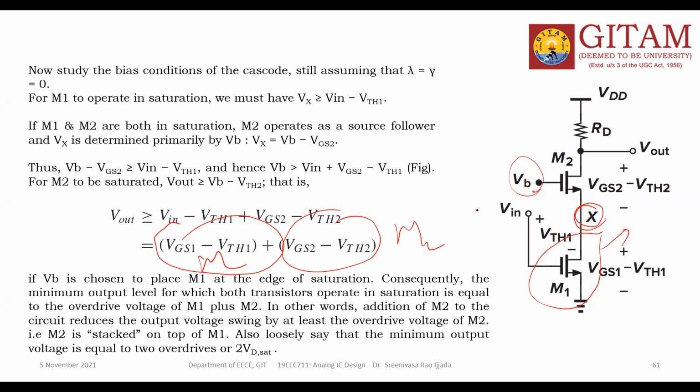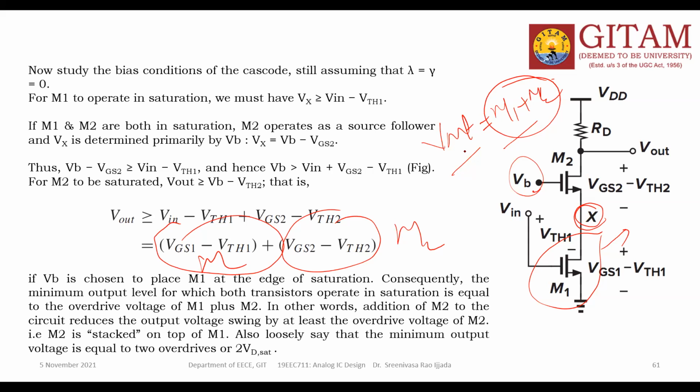That is the minimum voltage required. Your output should be at least equal to M1 overdrive plus M2 overdrive. If you violate this condition, your output will fall below the M1 plus M2 overdrive voltage, and then the two devices will not be in saturation. I'm talking about the minimum output voltage.